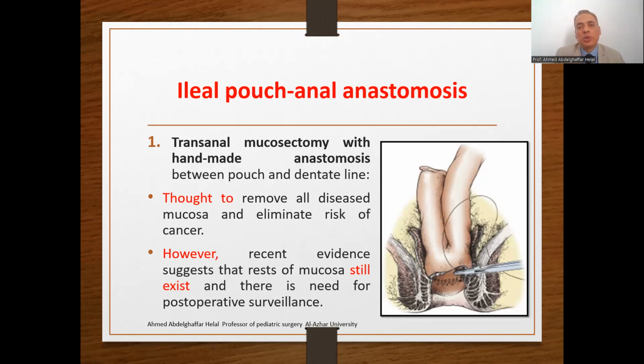This technique sought to remove all the diseased mucosa so that no surveillance is required. However, some recent evidence suggests that there is still some mucosal nest and that endoscopic surveillance is still needed.